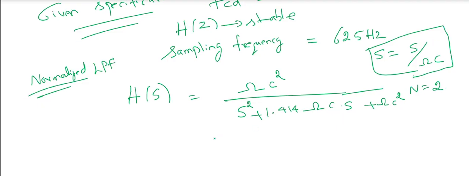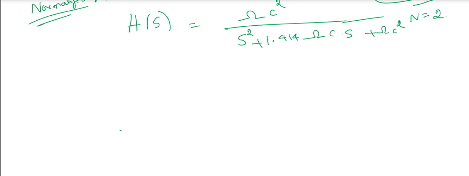So that way, H of s is given. Next, the analog cutoff frequency has the relationship omega c equal to 2 by T tan of omega T by 2.